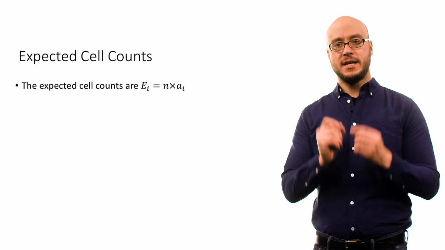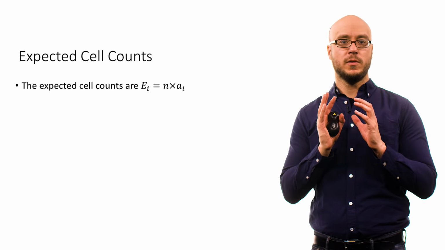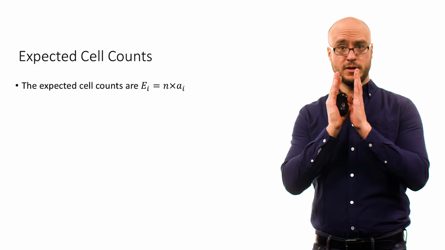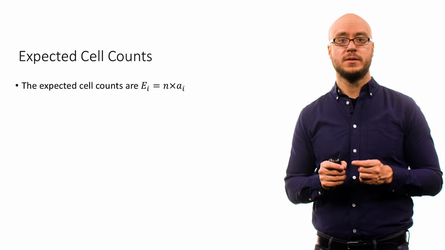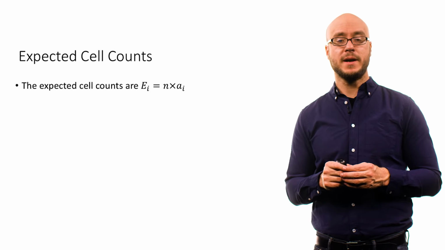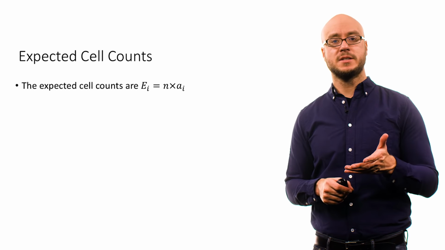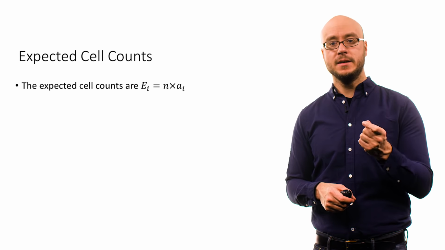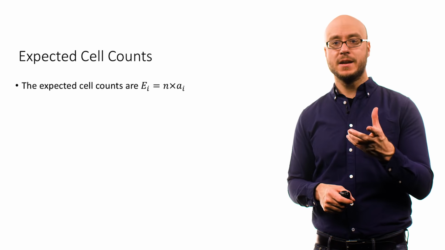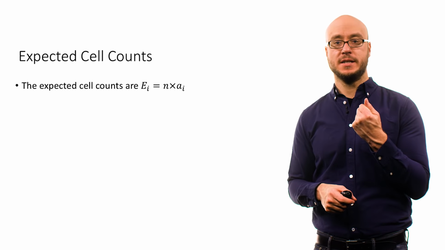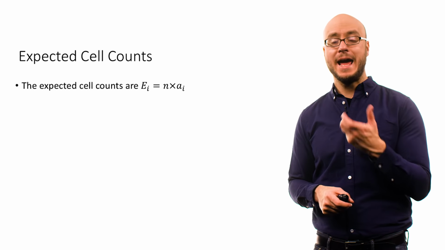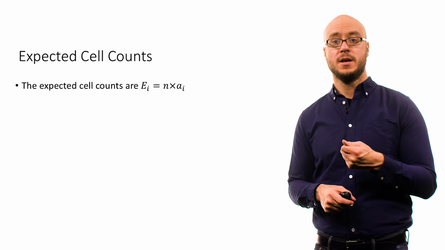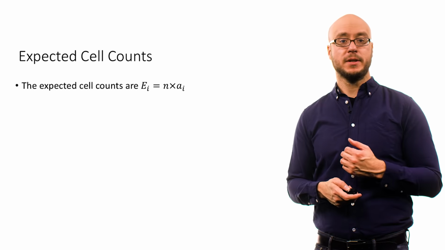The crux, the key part of the chi-square one-way goodness of fit test, revolves around the expected cell counts. So we must calculate the expected cell counts. The expected cell counts are simply E subscript i equals n, which is the total sample size from our data, times a subscript i, where a just refers to the claimed proportion in the population.